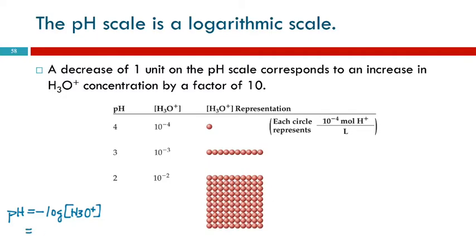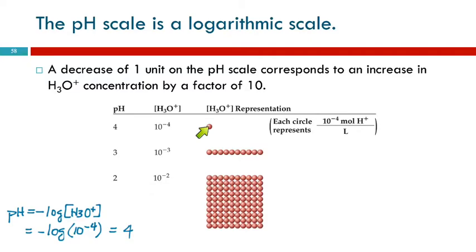So that's equal to the negative log of 10 to the minus 4. The base 10 logarithm is the exponent on the 10. 10 raised to what power? So here the logarithm of 10 to the minus 4 would be negative 4. And the negative in front changes it to a positive number. So pH of 4 means the hydronium ion concentration is 10 to the minus 4.